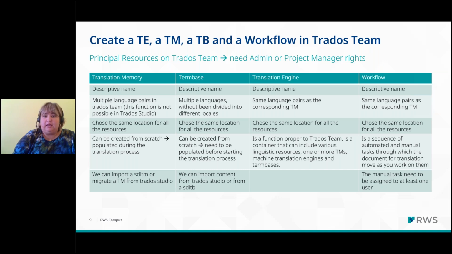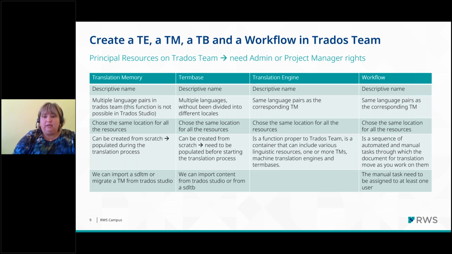The translation engine is a term, a function proper to Trados Team, and is a container that can include various linguistic resources: one or more translation memories, machine translation engines, and term bases. This will also have the same language pair as the translation memory that we will use, and the same location as the resources.